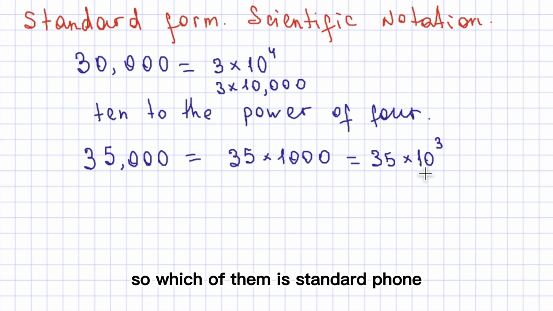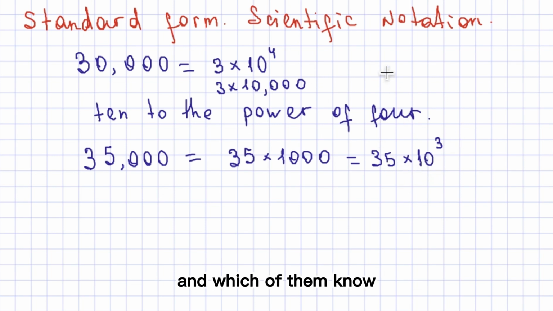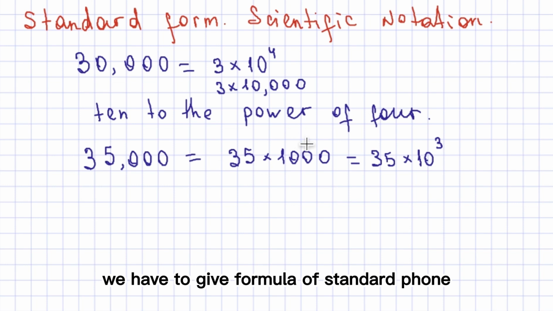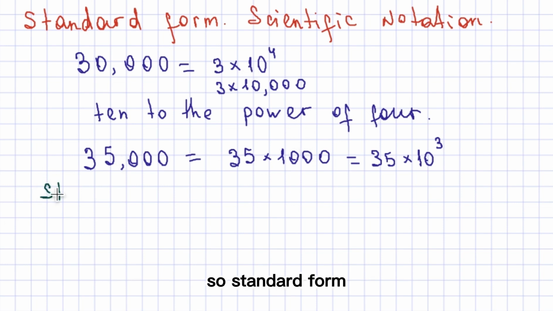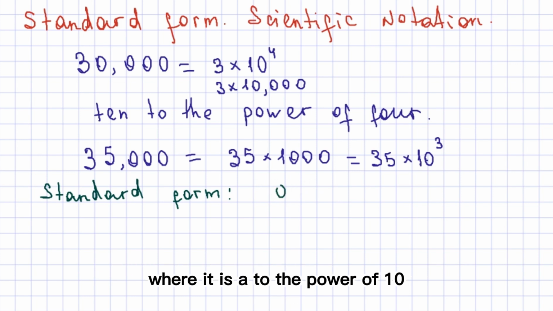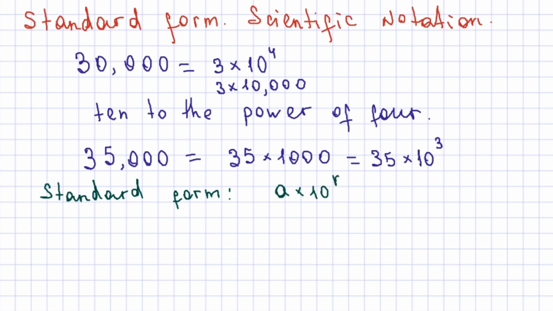So which of them is standard form and which is not? To find out the answer to this question, we have to give the formula of standard form. As we see from the name, it is a special form of number: a times 10 to the power of k.